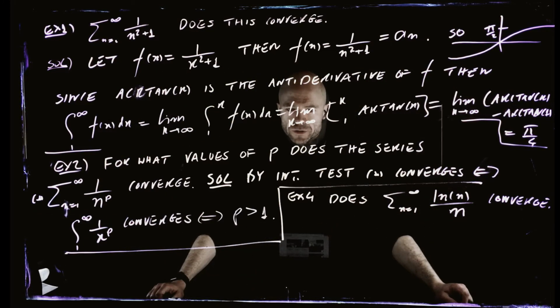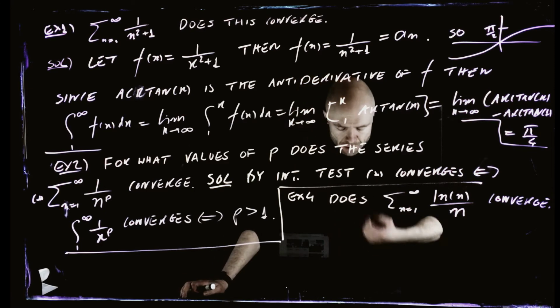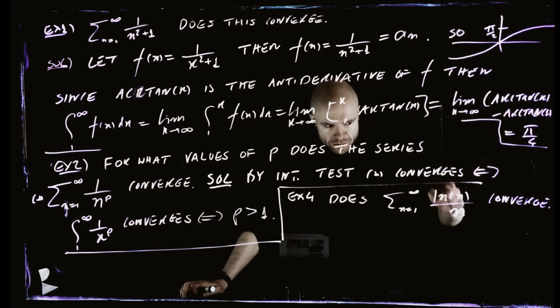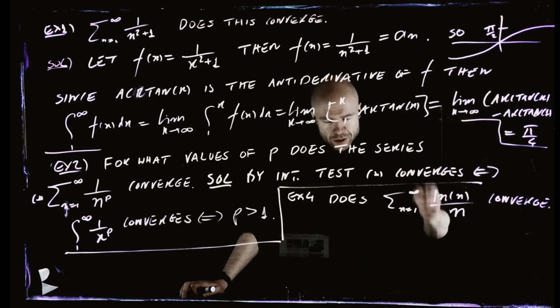Any other suggestions? Okay, so you're comparing this to 1 over n. How does this series compare to 1 over n? What's the relationship? Is there some more you can say about the comparison between the series 1 over n and the series log n over n?